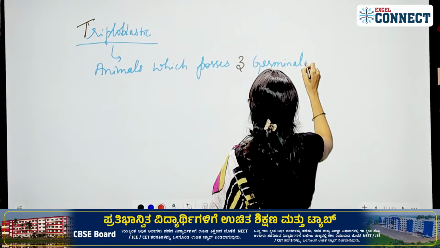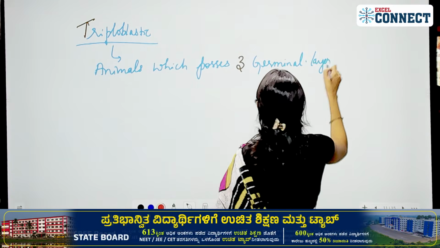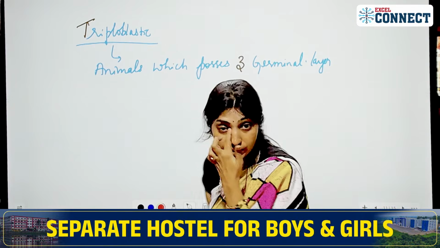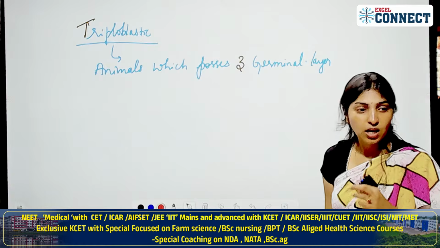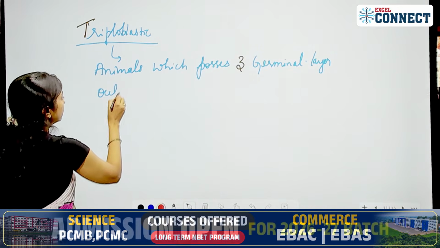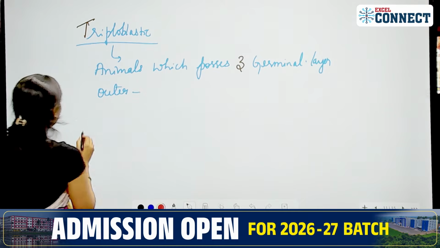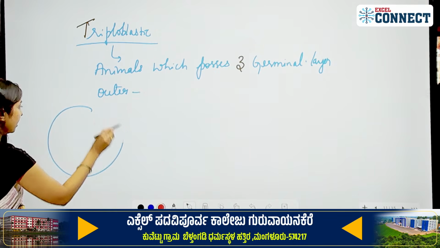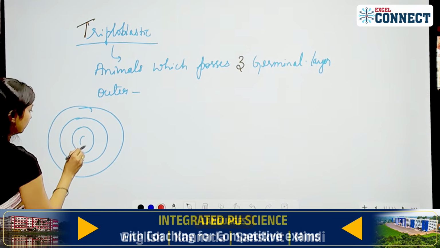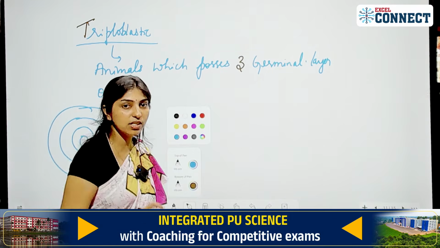and you know in 2 germinal layers the outer layer was ectoderm and the inner one was endoderm. Similarly here also, which are those 3 layers? Outer, you have to tell me now, what is the outer layer called?